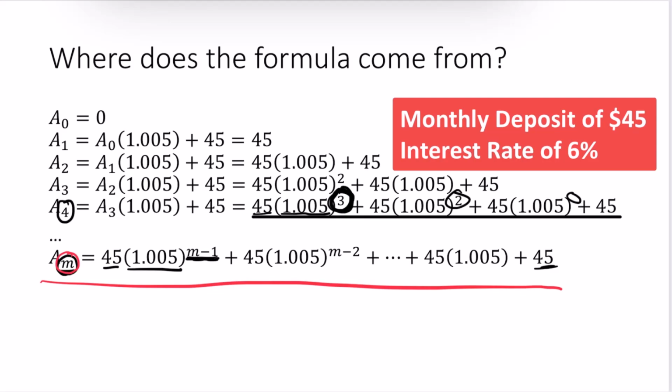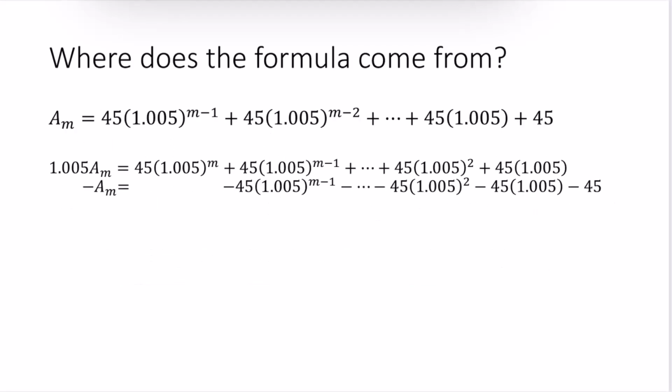But it's a rather complicated equation because it's super long and there's lots of exponents and lots of things in it. So the idea is we want to simplify this and see if there's an easier way to write it. And so the way that we do that is we say, okay, well, it's kind of weird that this is an m minus 1, but if I multiplied by this decimal one more time on both sides of the equation, then this exponent would go up to m because I'd be multiplying by this an additional time, and so the minus 1 wouldn't be necessary.